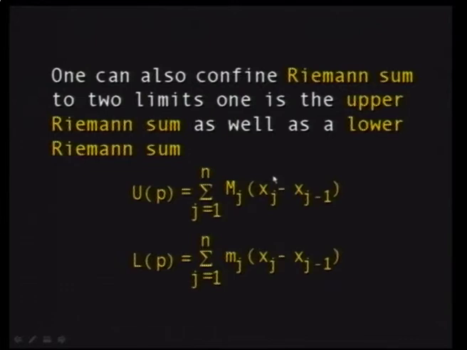They resemble S upper and S lower, except that you don't have equal partitions, but it resembles the first slides we have been explaining, and these are called the upper and lower Riemann sums.